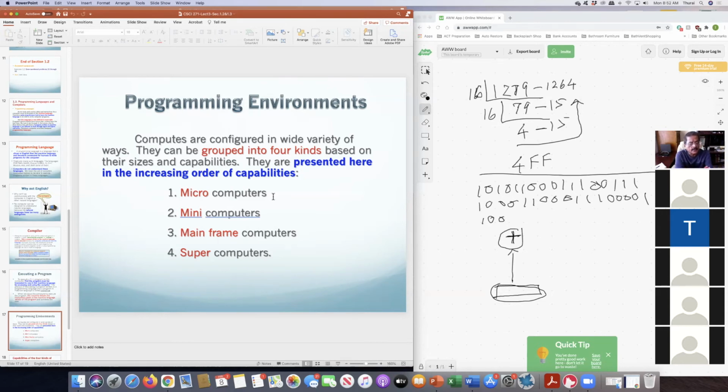And if that person is using a microcomputer, then your balance information will be only saved inside that computer. And if you go to another teller, that teller wouldn't be able to access what the previous teller did. And so you can go and withdraw the money from the other teller, even though your balance is actually zero.